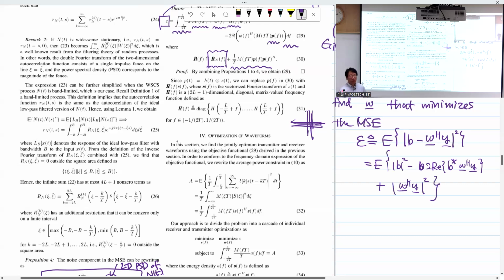Got it? So this is just a simple expansion of a complex random variable, right? Let's view this enclosed part as a complex number.